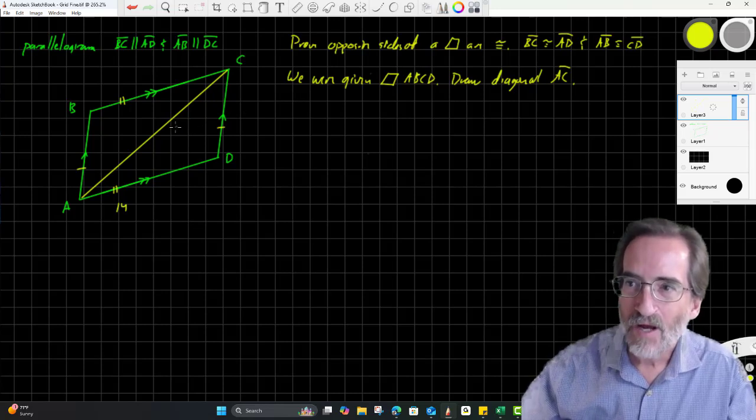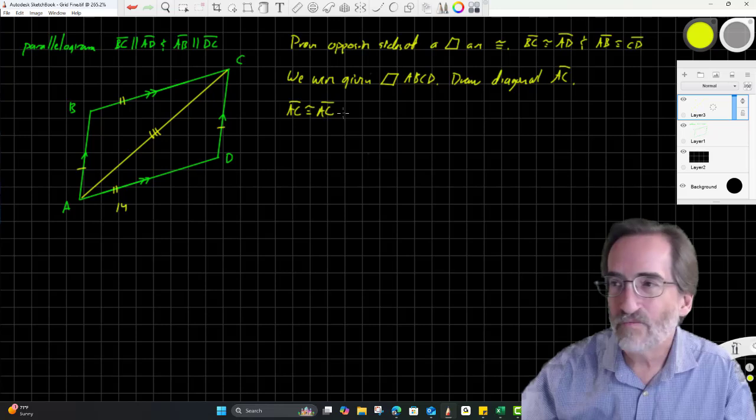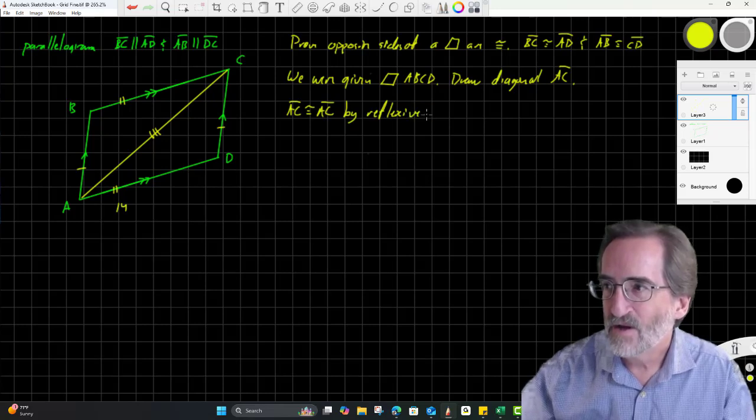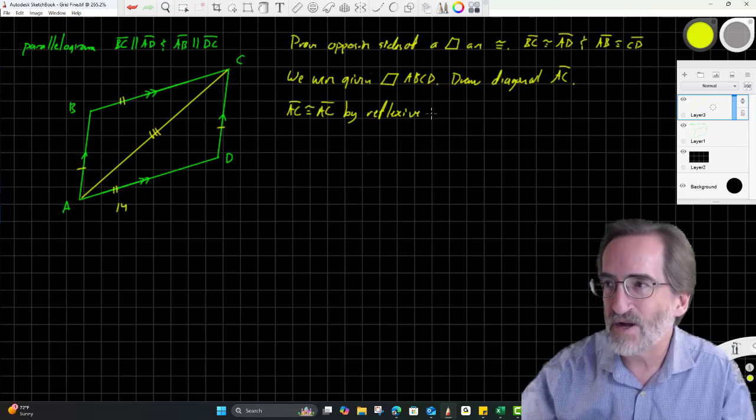I have a shared side, so I know that AC is congruent to itself. AC is congruent to AC by what rule? By the reflexive property. Reflexive, not reflective. It's like when the doctor hits your knee with a rubber mallet. It's a reflex, by the reflexive property.